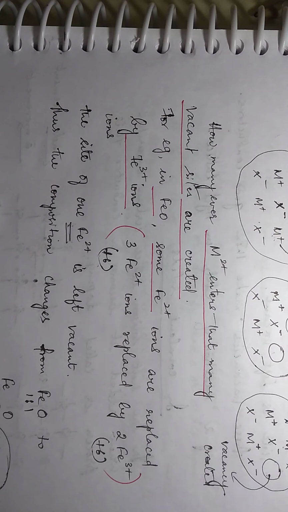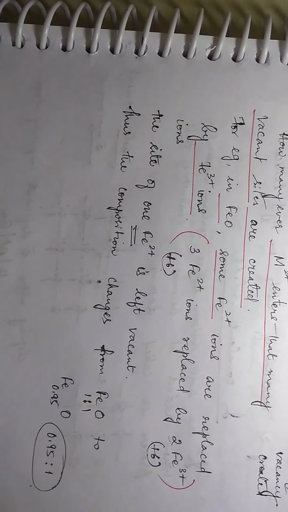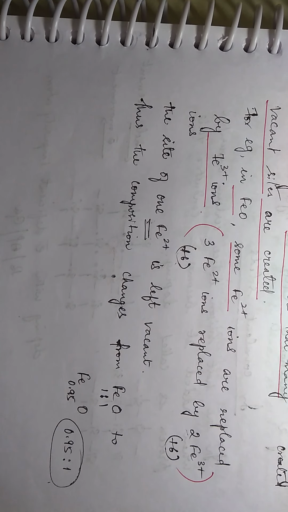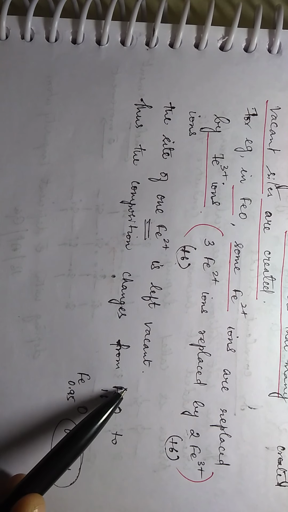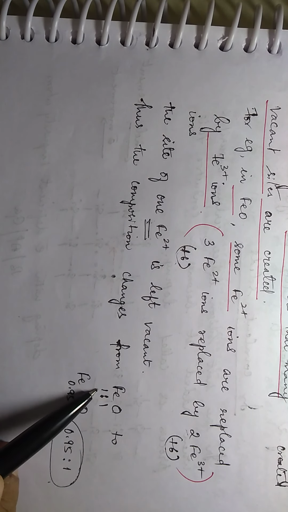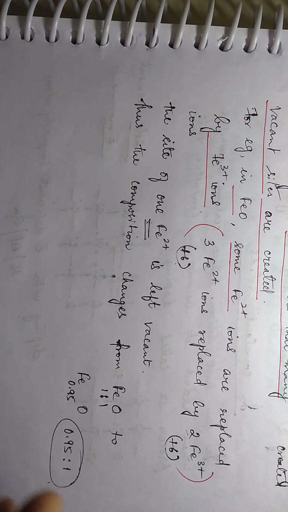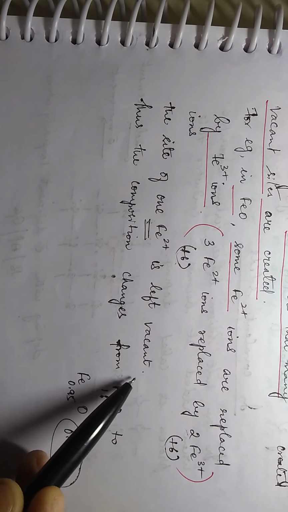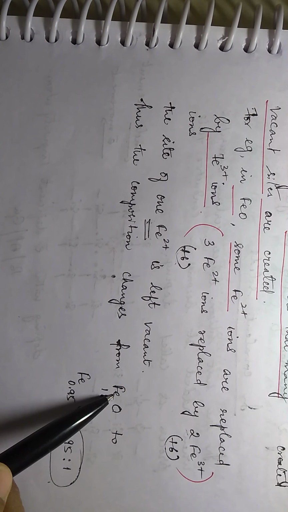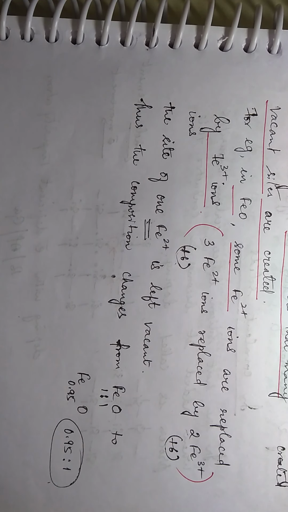Now because of this defect, what has been found is that the composition of a particular compound changes. Say, FeO is supposed to be in the ratio of 1:1. But it is never 1:1, because in this FeO lattice, some of the Fe2 plus ions have been replaced by Fe3 plus ions.